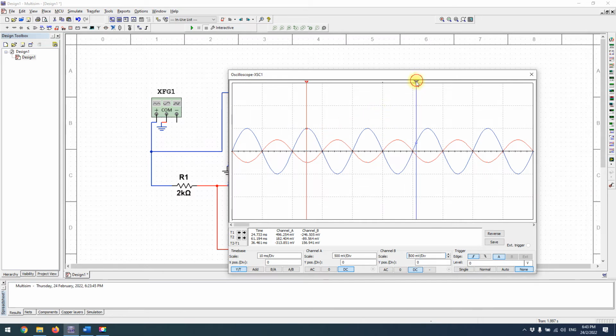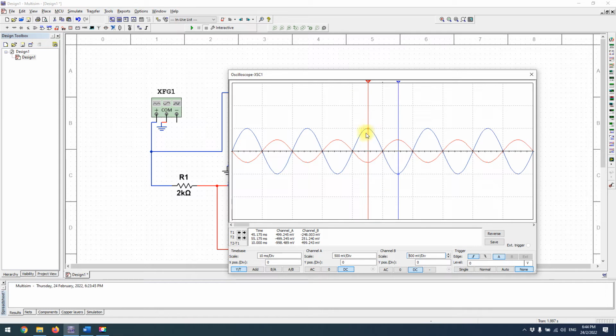Let me push this back to here. You can left click and then right click, and select to go to the next Y minimum. Over here. For this one also I can left click and then right click, and say that I want to go to the next maximum Y point.